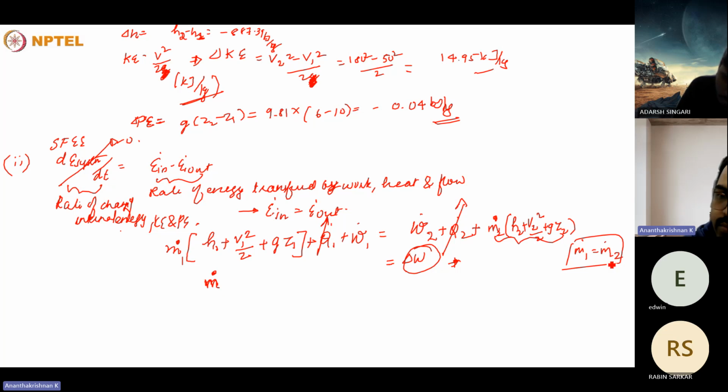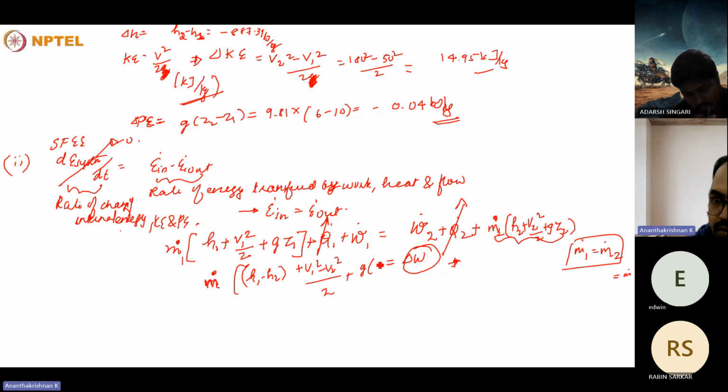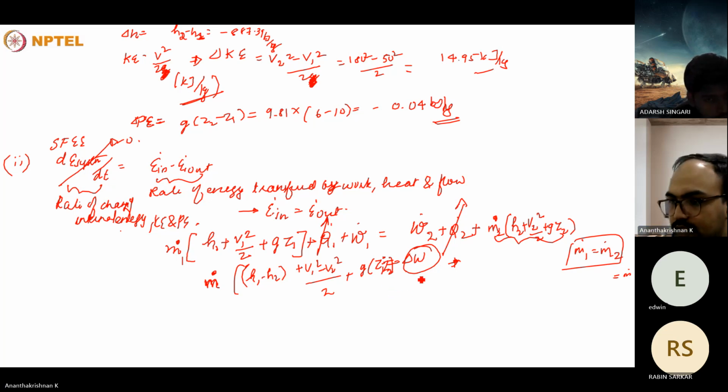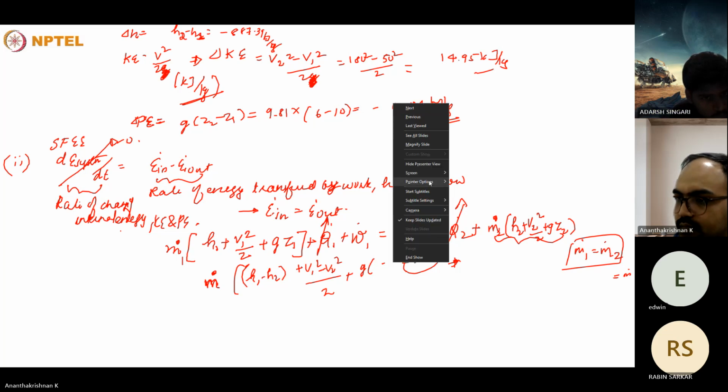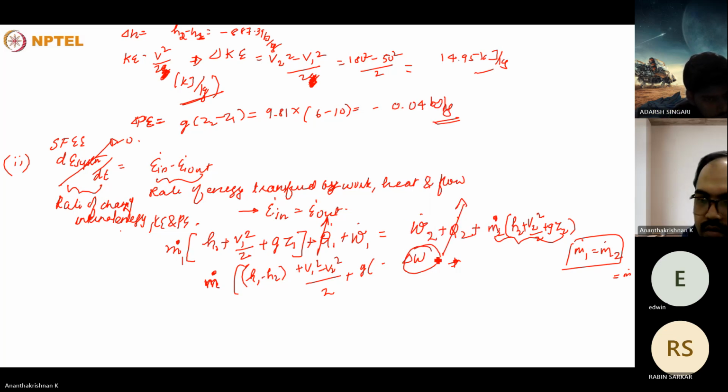So we can assume m dot 1 equal to m dot 2, and that will be equal to m dot, we can write it as m dot into H1 minus H2 plus V1 squared minus V2 squared divided by 2 plus G into Z1 minus Z2 equal to delta W.